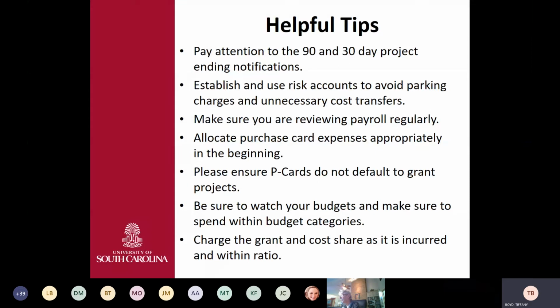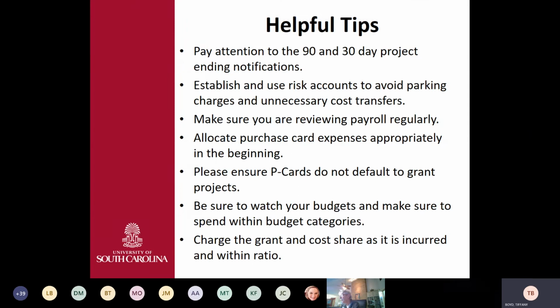To avoid some of these risky things that we've already talked about, these unallowable things. I have $20,000 left on my project. I still have work that needs to be done. Let's start having those conversations about no-cost extensions and things of that nature versus trying to spend out the award. Let's avoid those high-risk situations.